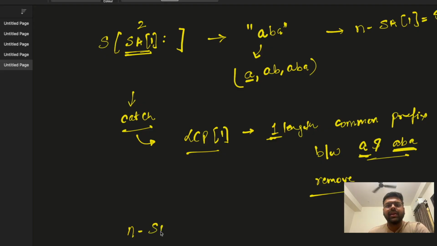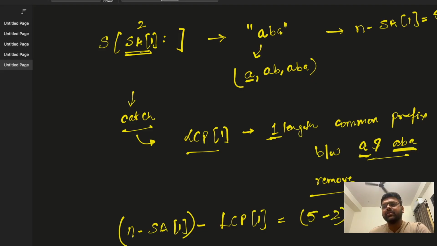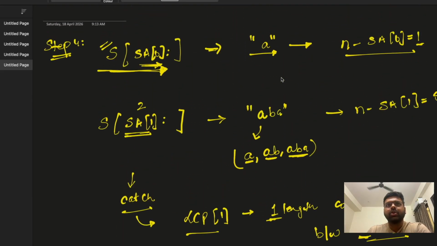It would be something like n minus SA of 1 minus LCP of 1. So it would simply be 5 minus 2 minus 1, which is 2. So all of the possible new prefixes would be AB and ABA. I hope you are getting the logic I'm talking about here.